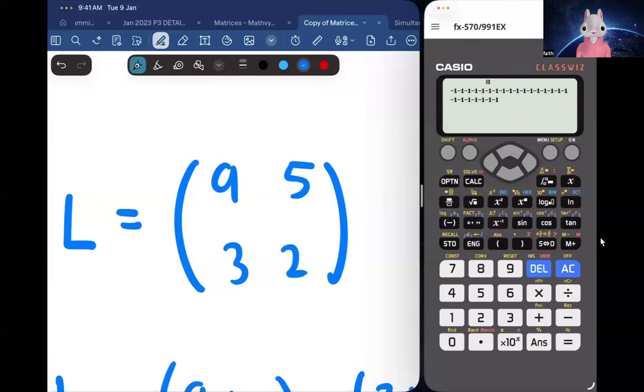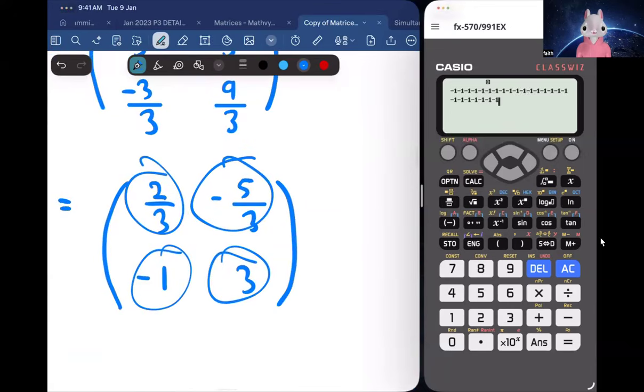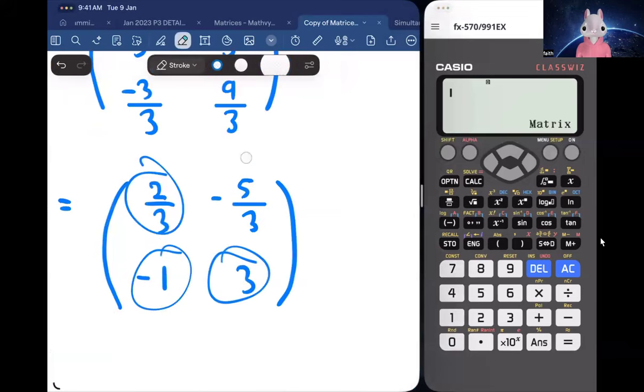Okay, now again, 0.66, right? And negative point. Yeah, that's the correct answer. But again, negative. That's correct? Yeah, that's correct.